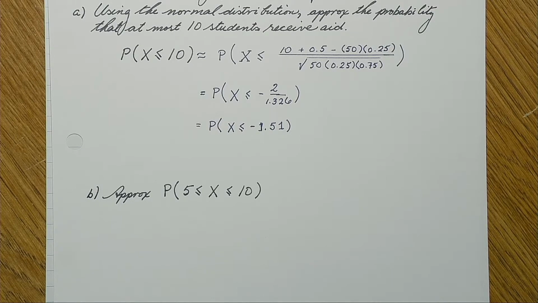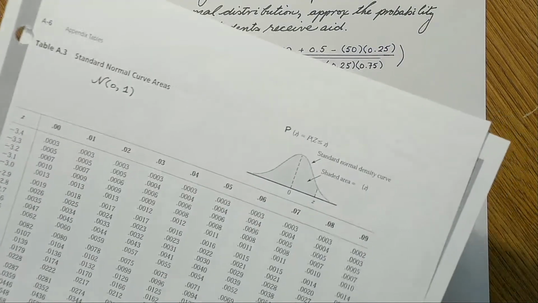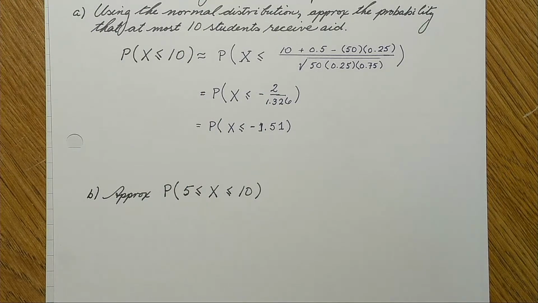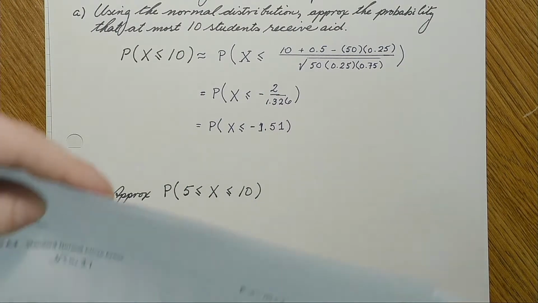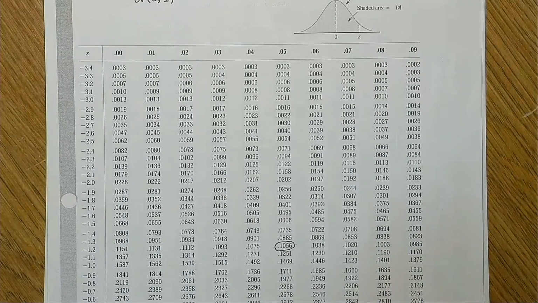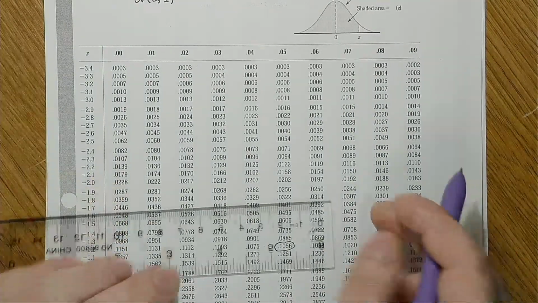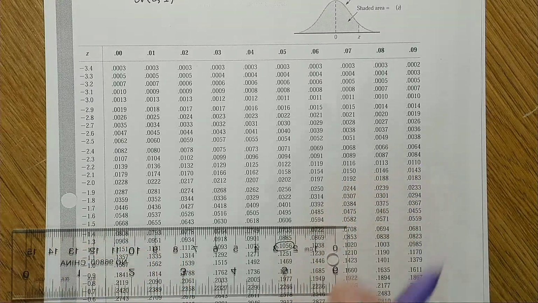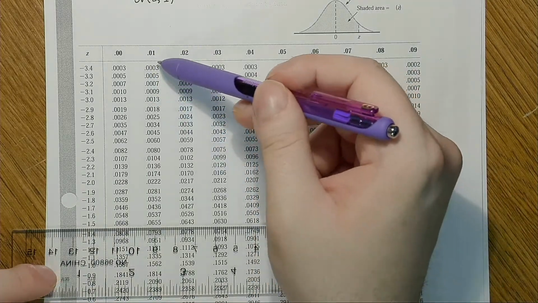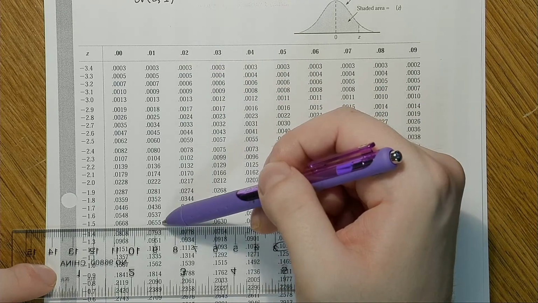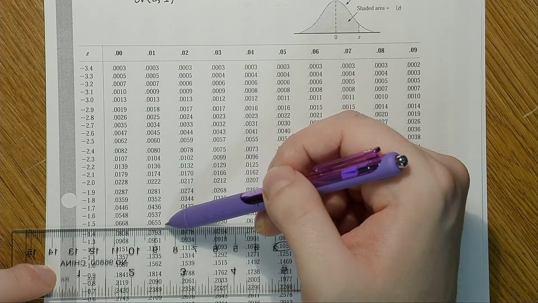So what I can do then is go over to my standard normal table, and I look for minus 1.51. What I do is I just go down this column right here, so 0.0655.